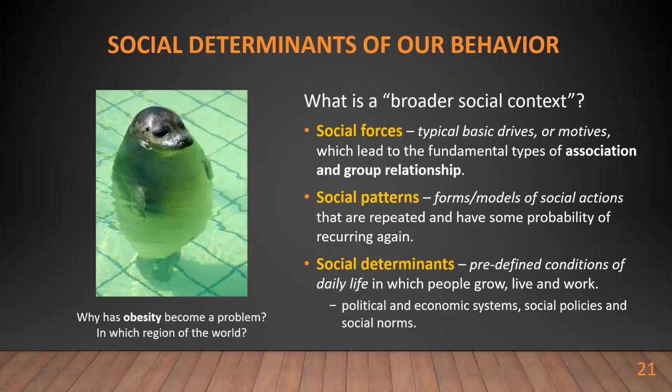And in that context, we can ask, why, for instance, has obesity become a problem? Now, is it a problem? And is it in every region of the world? Or is that a typical problem of first and second world countries where they have an abundance of food, so they can eat more than they actually need to?